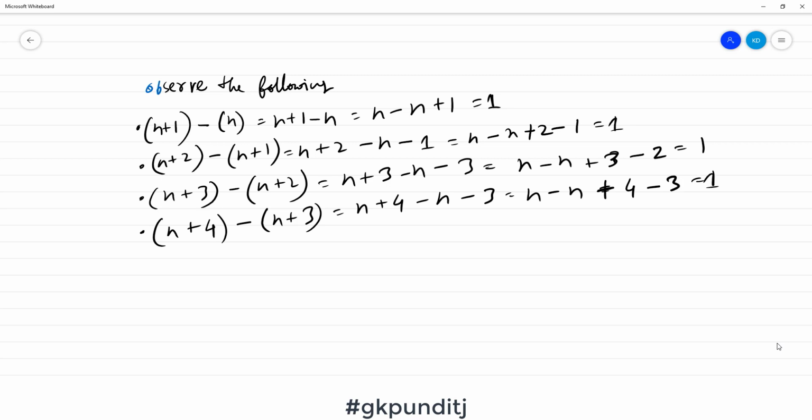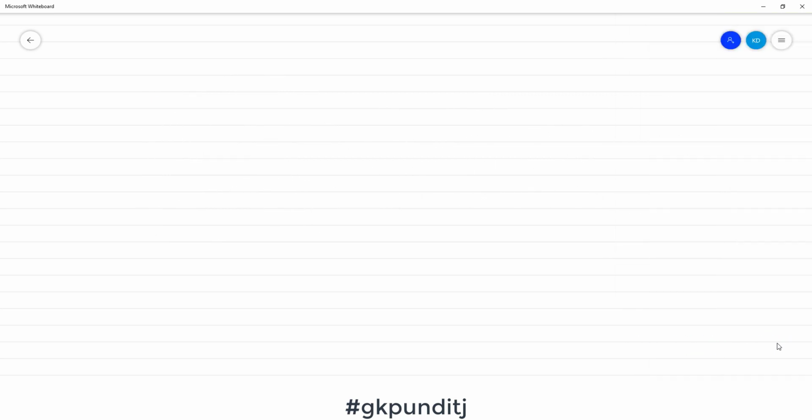So now, taking an example, let's try to solve this one. The sum of 3 consecutive integers is 84.